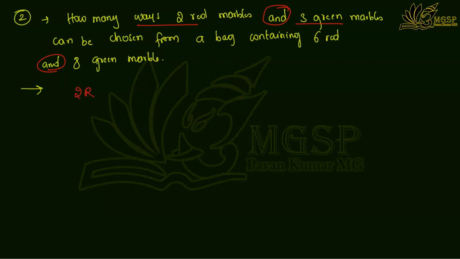Consider now the events. Two red marbles out of six: the bag has six red marbles and eight green marbles. From the bag we take two red marbles, so the ways are 6C2.